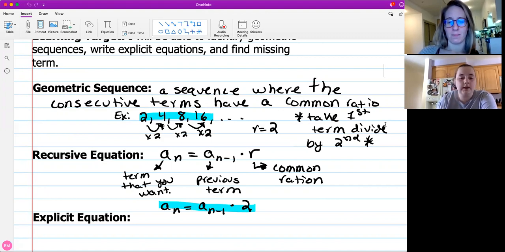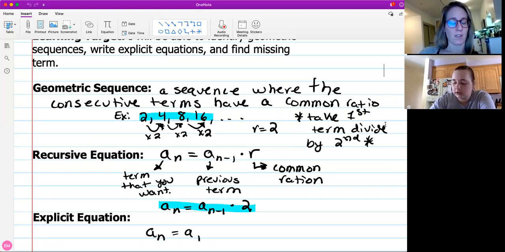Okay, so then the explicit equation, remember, we just take the terms and it's easier to use because you don't need the previous term to use it. So it's a more general equation to use, and our equation for that one is going to be a_n equals a_1 times r^(n-1).